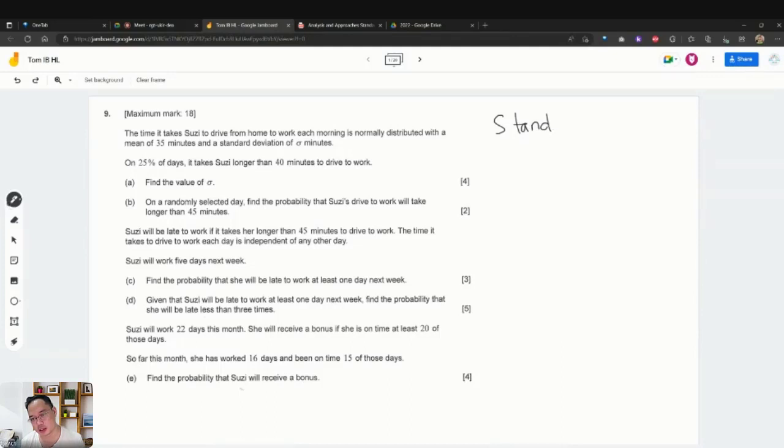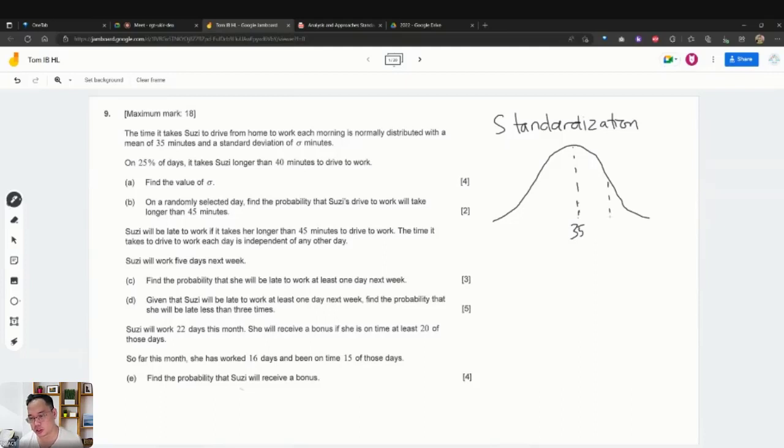Standardized process, meaning, let me illustrate that. A normal distribution curve. Normally we have the mean right in the top middle of the bell, and the mean is 35 minutes.